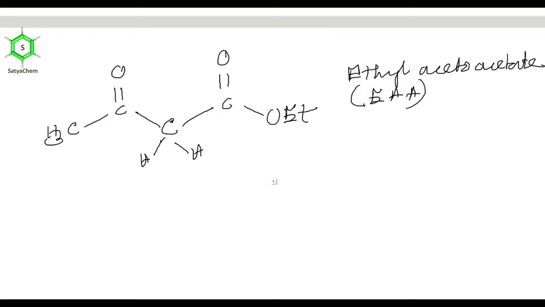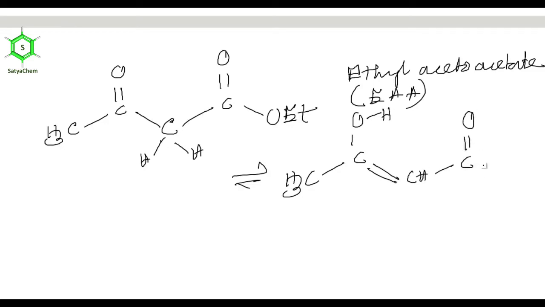Here the enol content is very small. The structure of the enol form is this one. This alpha hydrogen gets shifted to this oxygen, 1, 2, 3. So this is the enol content, and the percentage is very small, about 8%.